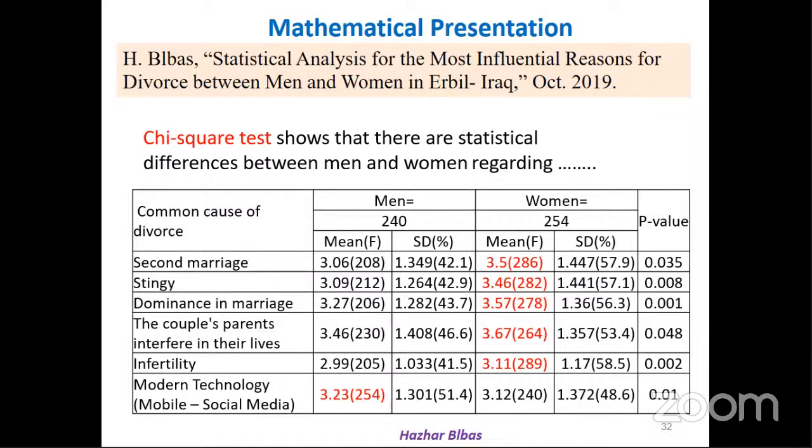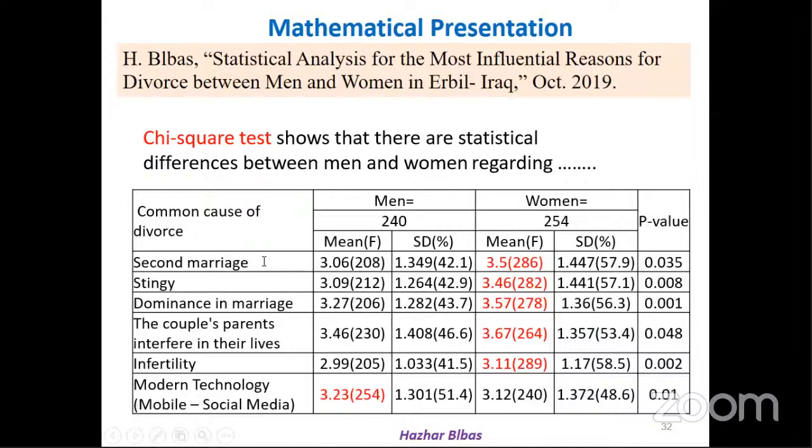There is a relationship between each of the reasons and the gender. Once you know, depending on the p-values, which are less than 0.05, you're going to see which one is more effective, which one got the highest percentage, men or women.